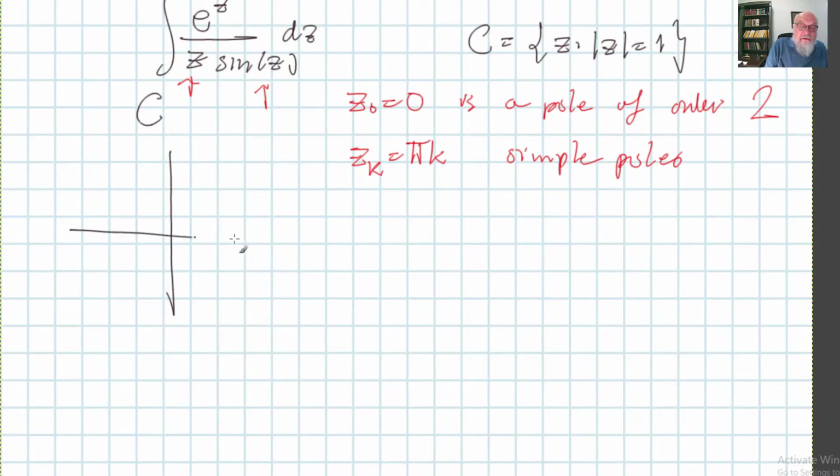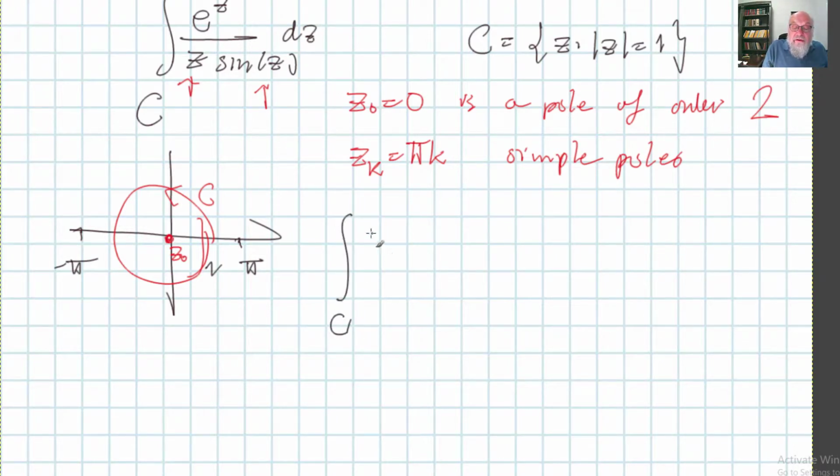So let me look at the picture. The picture looks like that. So this is my unit circle. One of the poles, z0, is definitely here, and this is my number 1. The next one, π, is here, and −π is outside. So okay, there is only 1. In such a case, you can rewrite it.